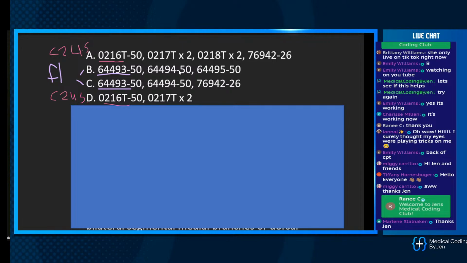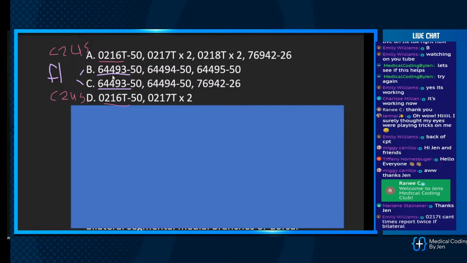So near these 64 codes, you need to put a note that says, and there may even be a parenthetical back there somewhere, that says if ultrasound, go see 0216T. If it doesn't, then make your own note.